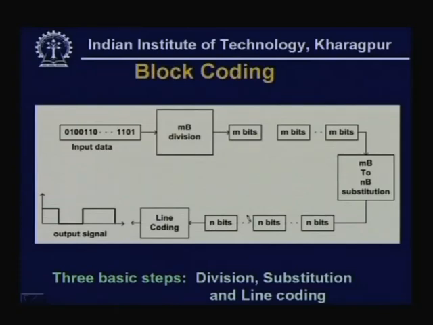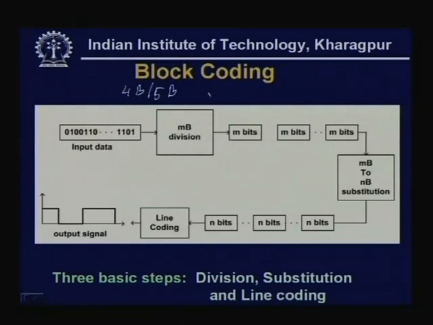Let us see the basic scheme used. The basic scheme has three distinct steps. Division: for example, here is your input data. So, the division is MB division. That means this sequence is divided into blocks of M bits. For example, if we are using 4B 5B encoding, in that case M will be 4.